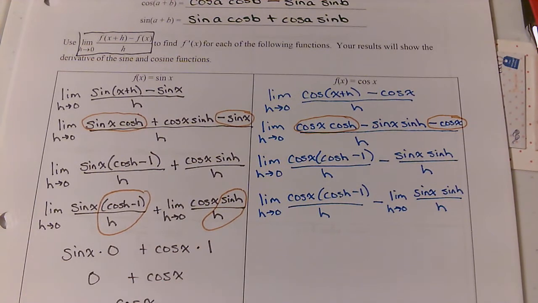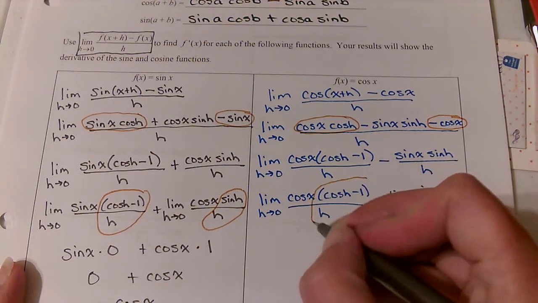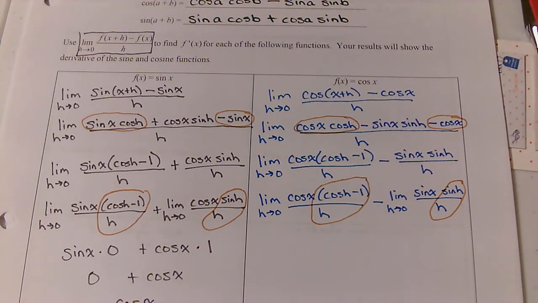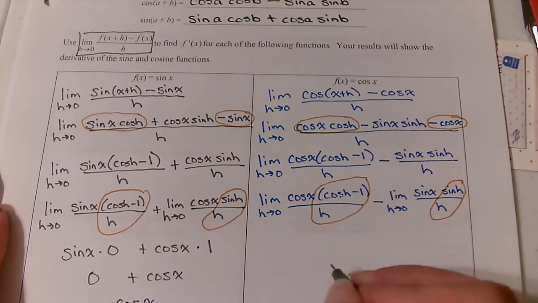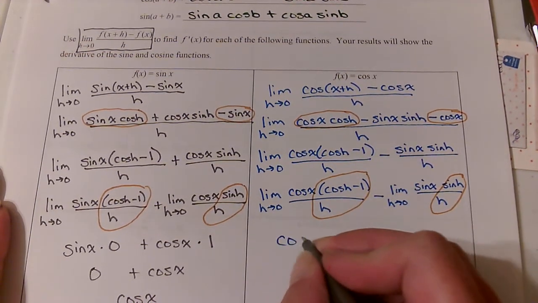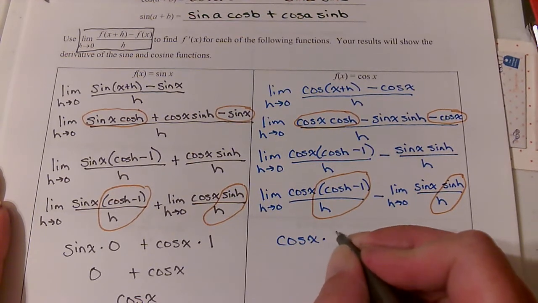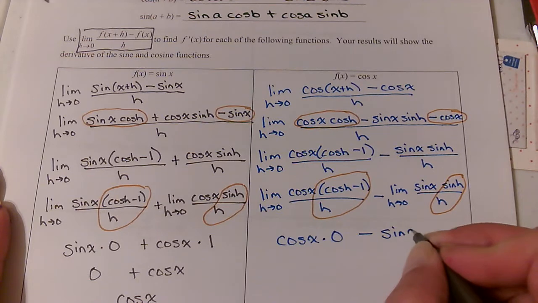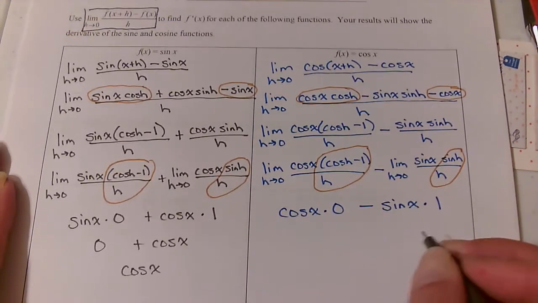Now when we let h go to 0, this goes to 0, this goes to 1. So when I let h go to 0, I'm left with cosine x times 0 minus sine x times 1.